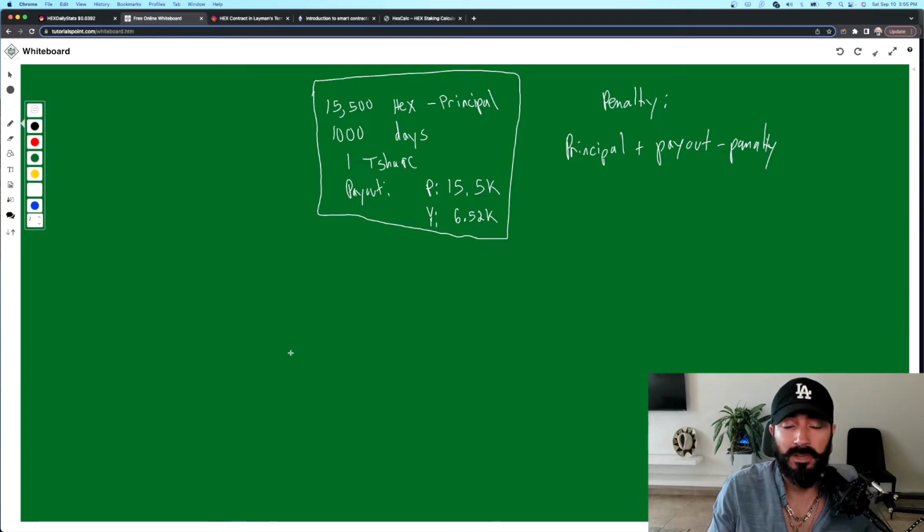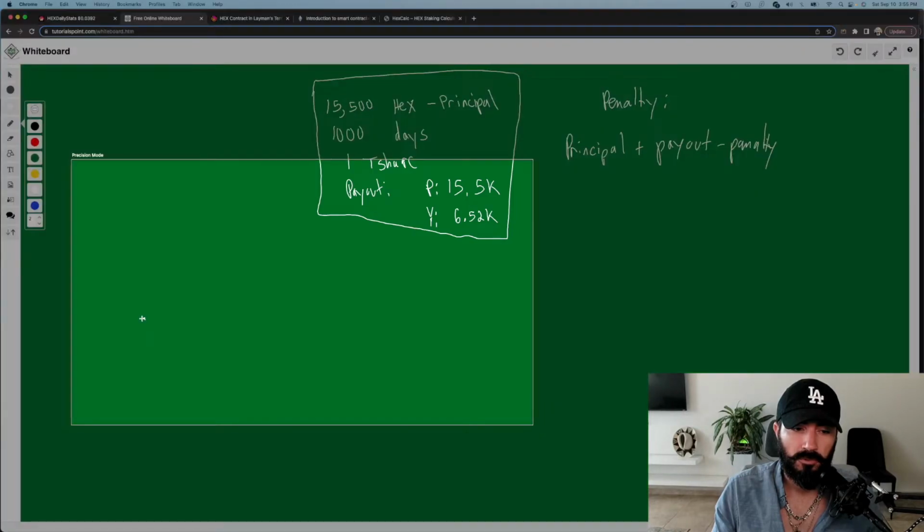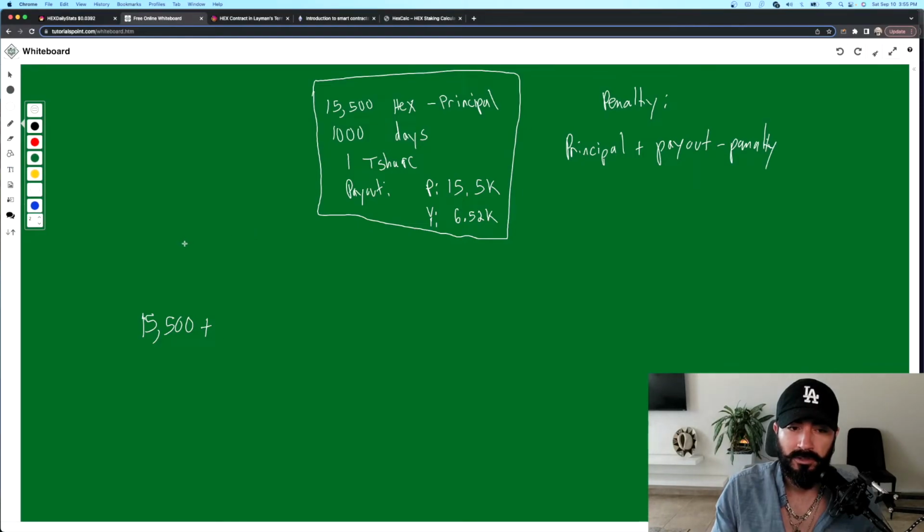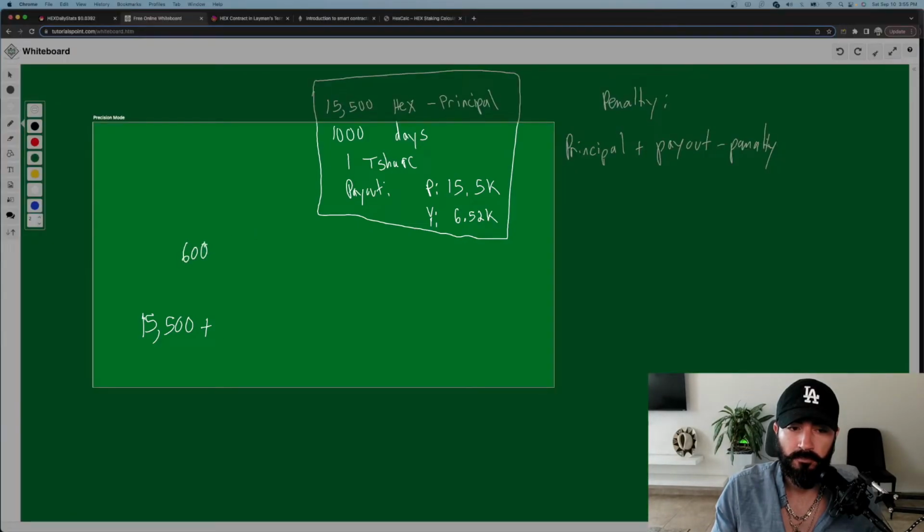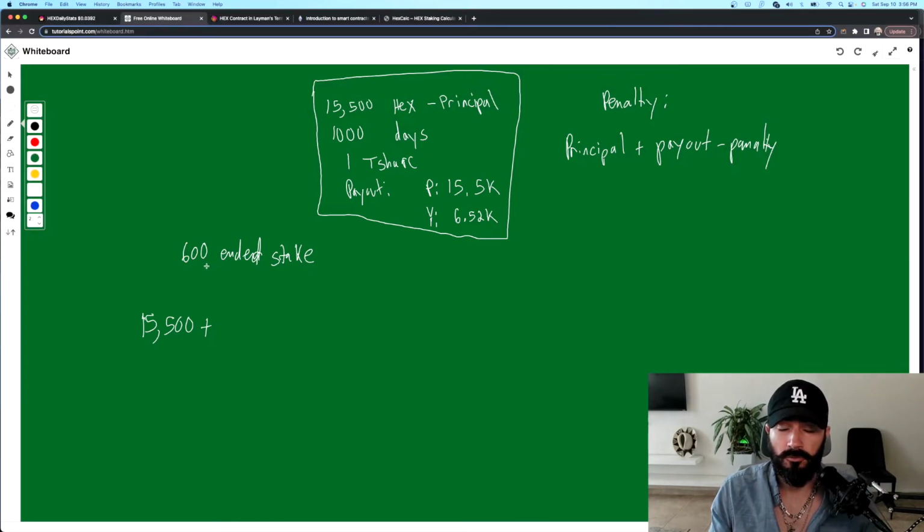So something happens on day 600, you decide to end it. So it would be 15,500 plus, again, you ended the stake on day 600, we need to solve for the payout.